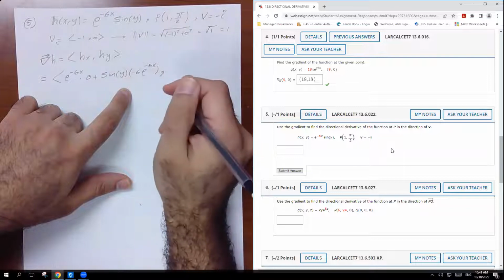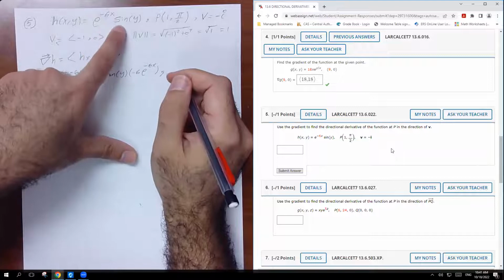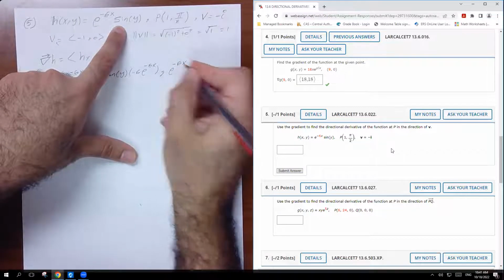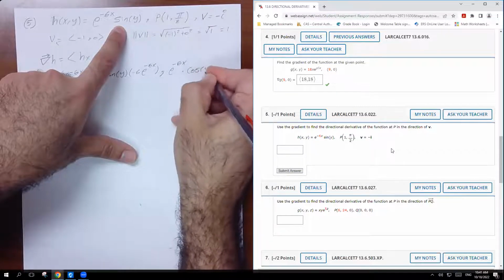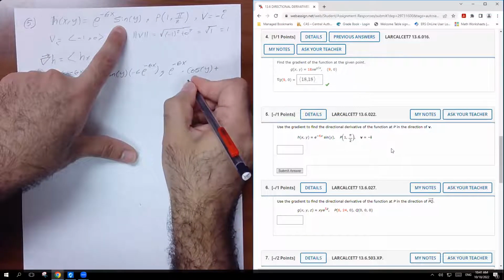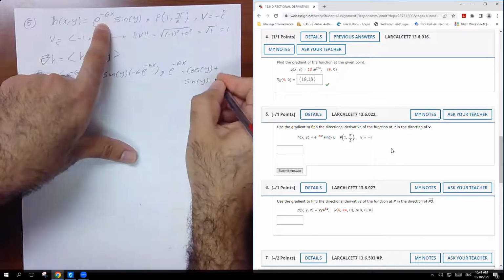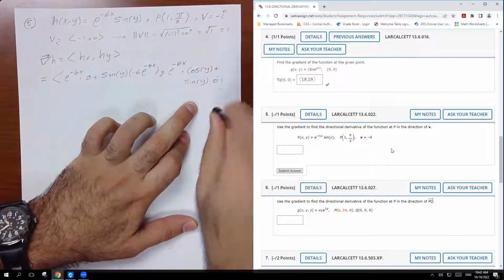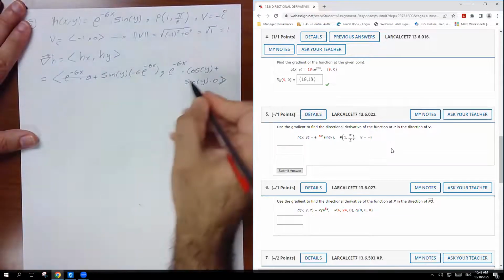Now let's do the chain rule with the second one. The first one times the derivative of the second one with respect to y, so e to the -6x times cosine y, plus the second one, sine y, times the derivative of the first one, which is 0 because I'm taking the derivative with respect to y. So this is 0.